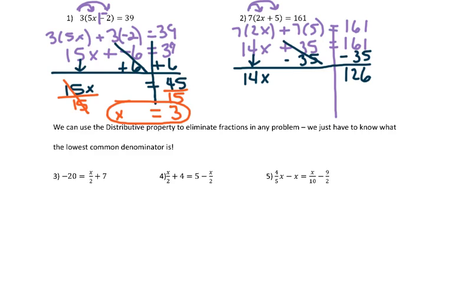My next step is to divide by 14. 14 divided by 14 is 1, so I'm left with 1x. And 126 divided by 14, you would use a calculator for that, and the result is 9. So x equals 9 is the solution.